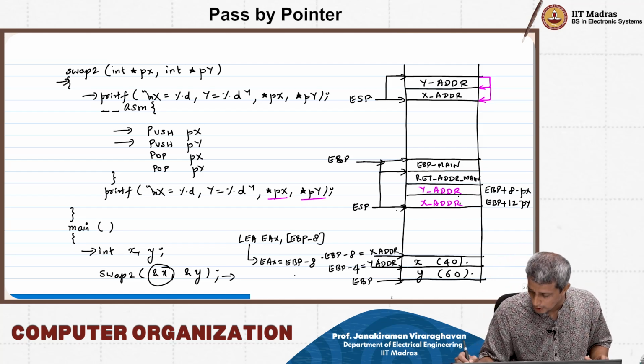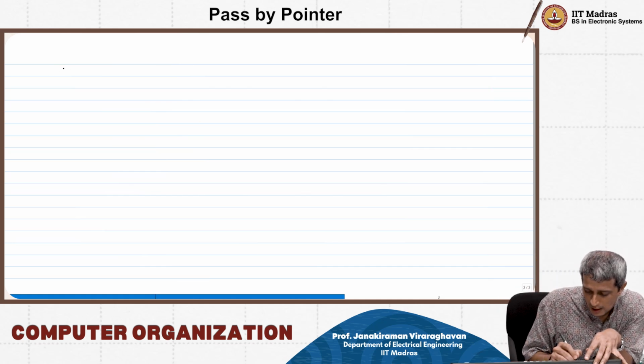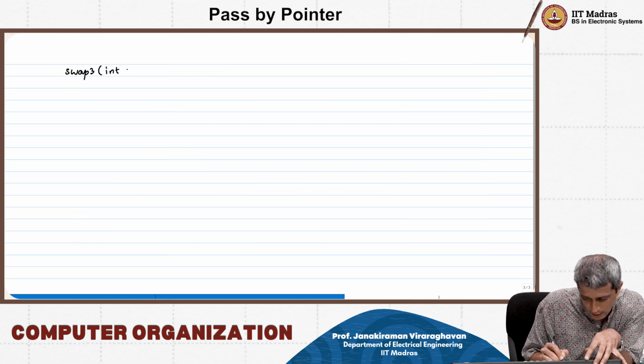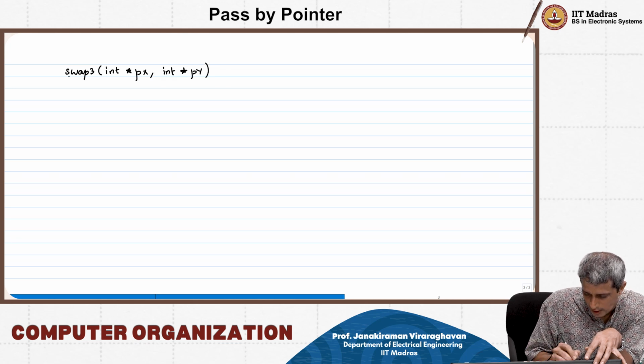So now let's jump into the third function, swap 3, basically swap 3 of int *px, int *py. And what am I doing?